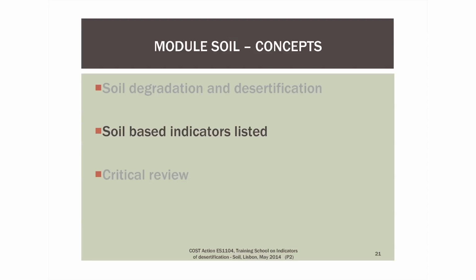This is the intersection we want to talk about, okay? Because there is soil degradation outside desertification processes and desertification risk areas. There is desertification with no relation with soil properties or the soil itself. So let's concentrate on the intersection belt that we can find here, which addresses soil-based indicators.